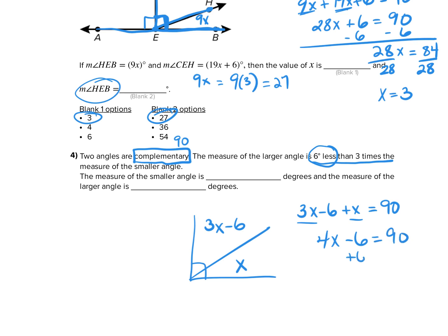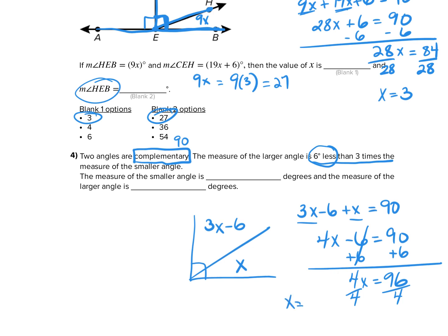To isolate x, I need to add 6 to both sides, so that way these cancel out, giving me 4x equals 96. And then divide by 4, which I need my calculator for, is 24.